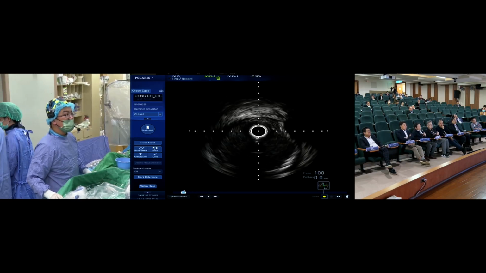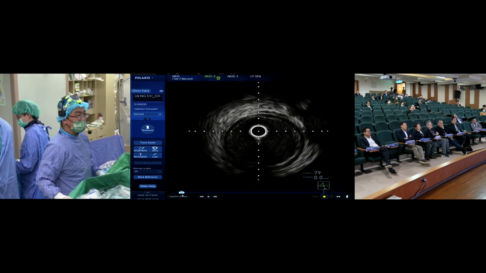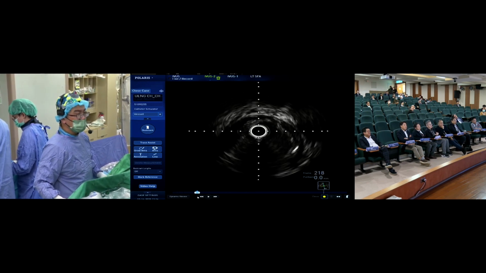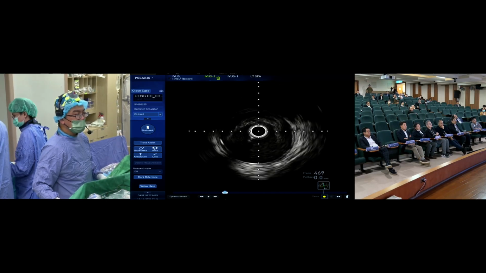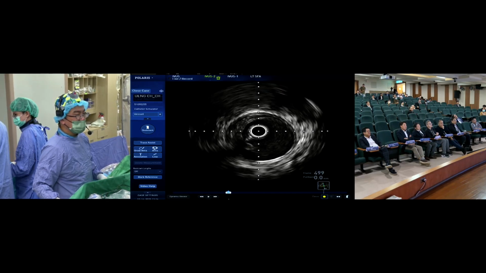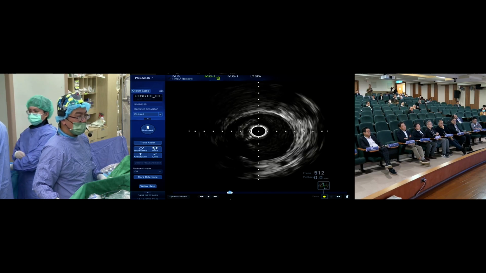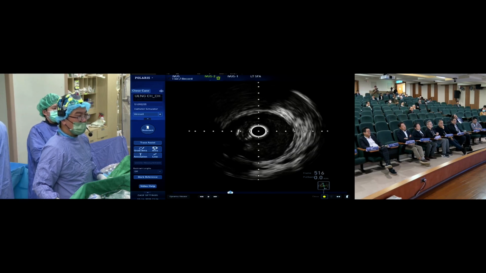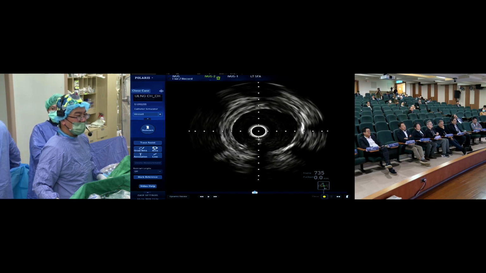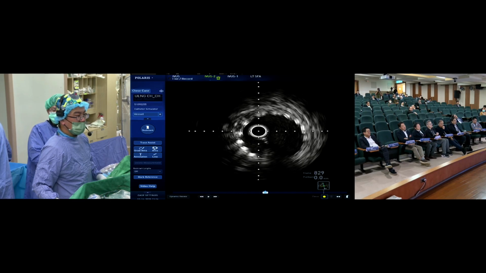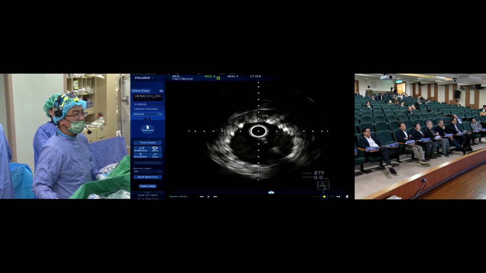This is post DCB and stenting. The IVUS is pulled back from the distal SFA. And we can see some dissection here involving the media area. This is the DCB site. And then pulling back, we can see this is the stenting area.